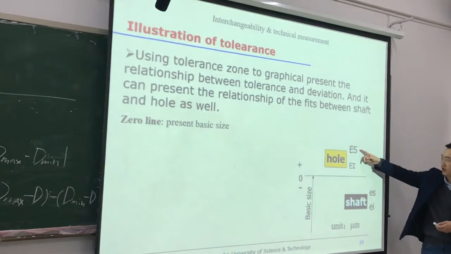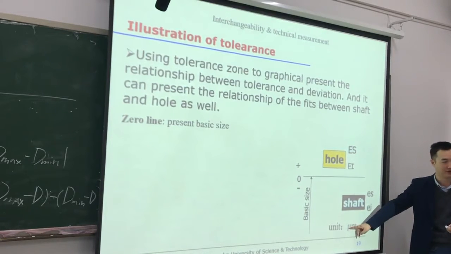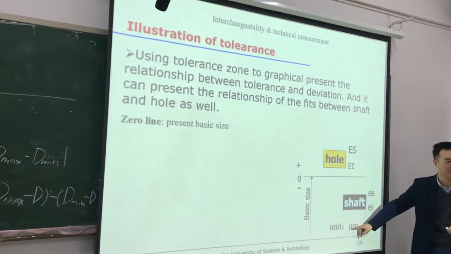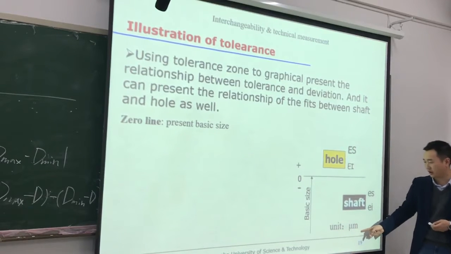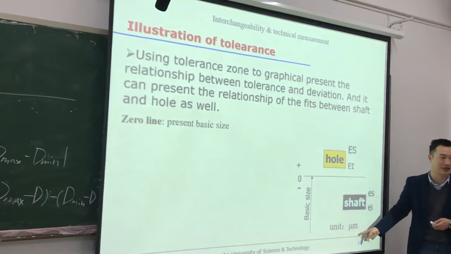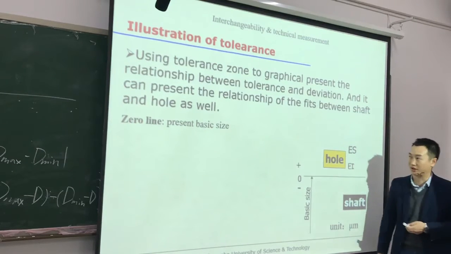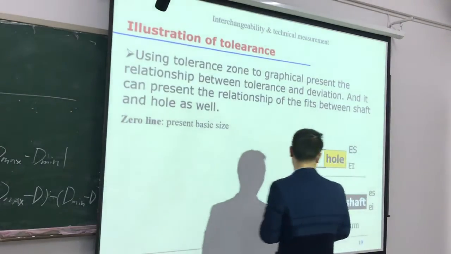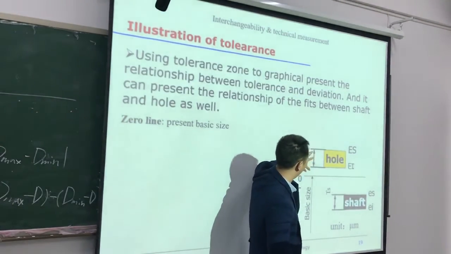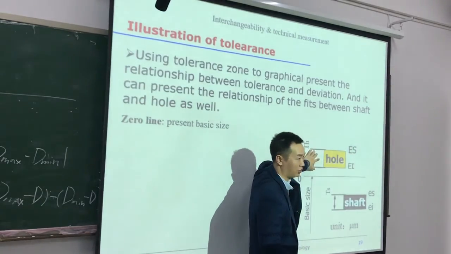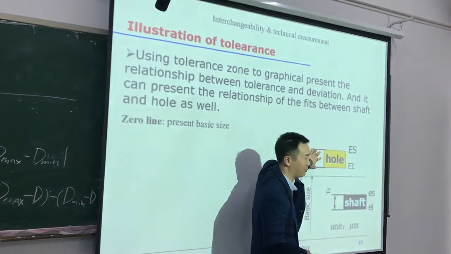If you use millimeters as the unit, you don't have to write the unit. If you are using micrometers, you need to indicate it here. Normally we do not have to indicate the tolerance, because the tolerance can be calculated.